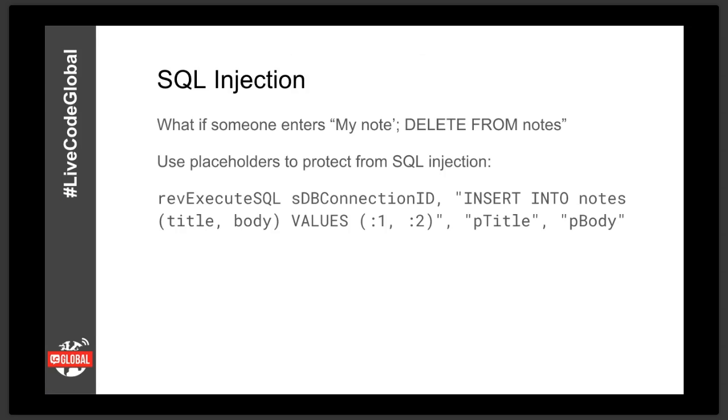What you might see happening there is that if we were doing the previous method, where we were just inserting the direct pTitle and pBody into our query, the quotation mark will close the previous quotation mark that was signifying that the title was about to be seen, and then all of a sudden the user has direct access to the query. So rather than being within the quotation marks that were surrounding pTitle, they've escaped from those quotation marks. The semicolon there tells SQLite that the previous query is finished, and now they can execute whatever they want. So in this case, delete from notes will delete all the contents.